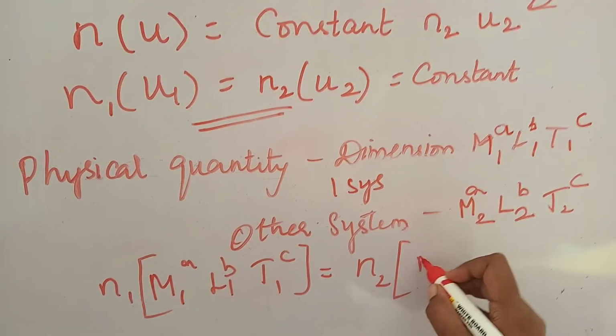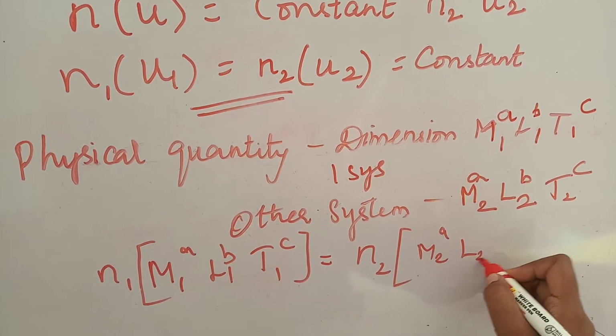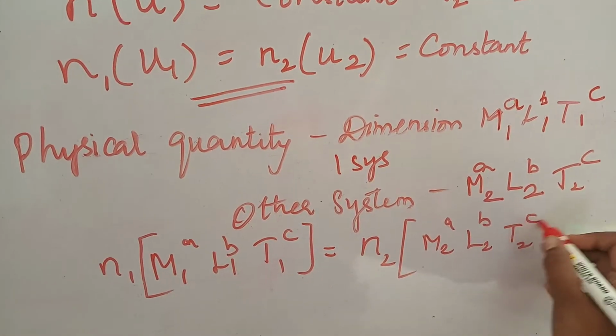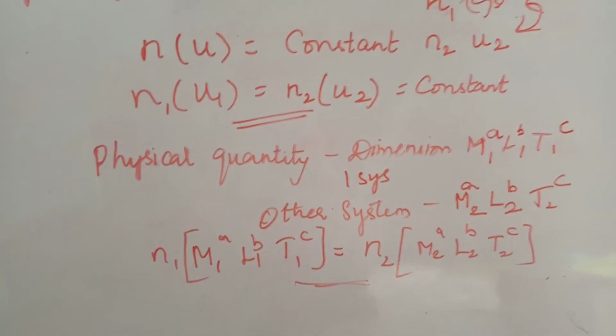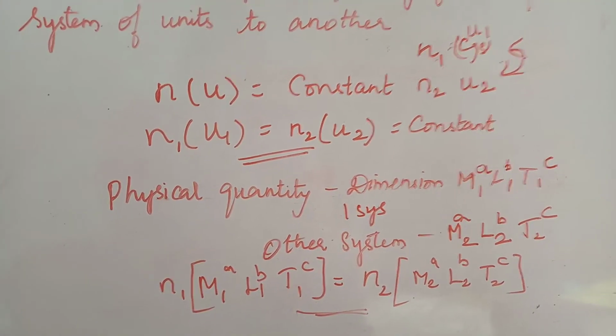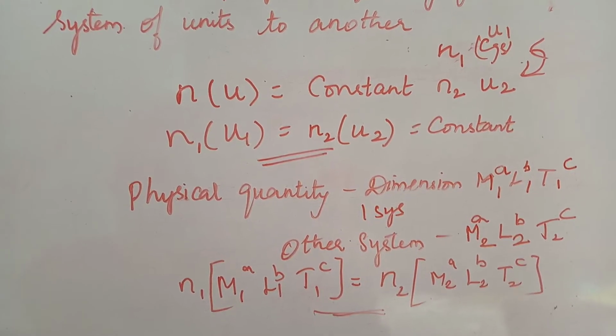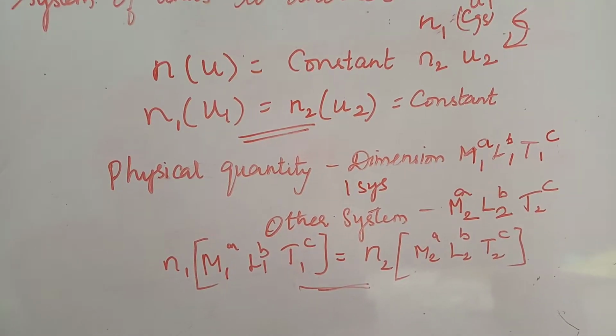So it is M2 power a, L2 power b, T2 power c. With this you can convert, this is the base. So with this you can convert from one system of units into another system of units.